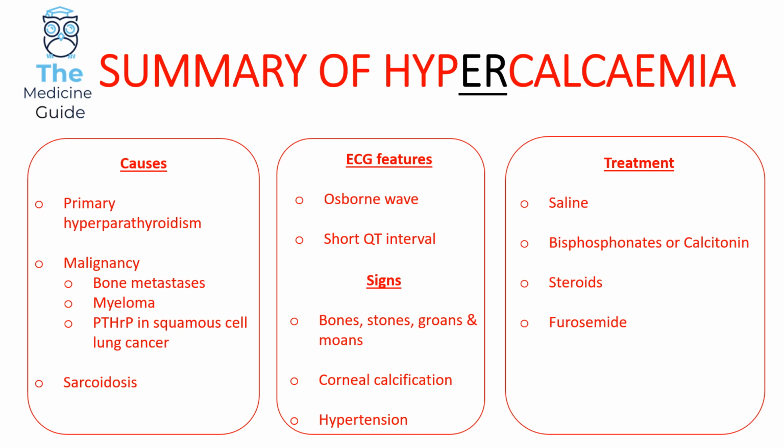Otherwise, we can give patients furosemide, which is a loop diuretic. Now, loop diuretics, such as furosemide, can be given in patients who can't tolerate aggressive fluid rehydration, but use furosemide with caution because it can worsen electrolyte derangement and lead to volume depletion. Okay?